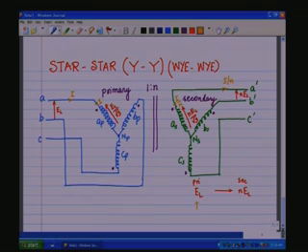And therefore, if you give I on the primary line, you land up with I by n on the secondary side. So, that would be the relationship between the primary and the secondary.